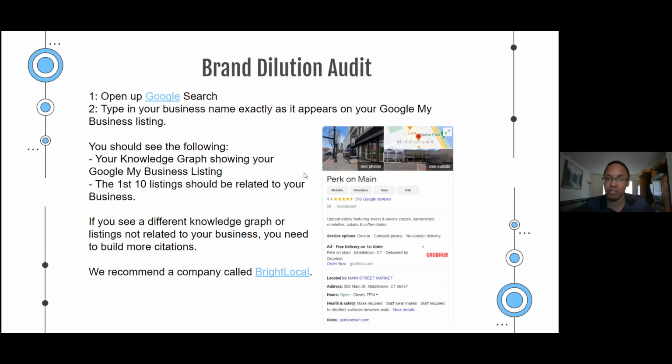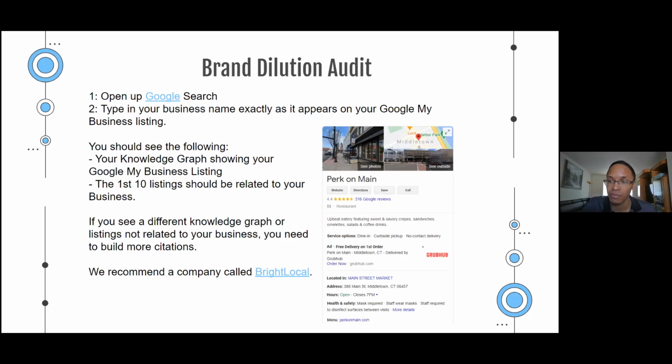A brand dilution audit. This is pretty important. If I search Perk on Main, which is a great place to go in Middletown, I want to see the knowledge graph pop up, and I want to see the first 10 listings in Google search all talk about Perk on Main.